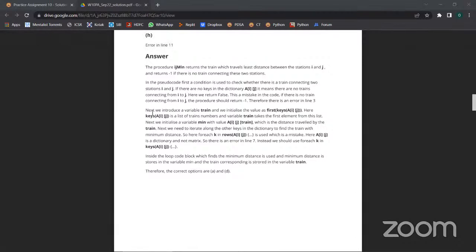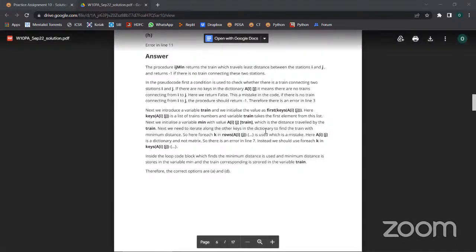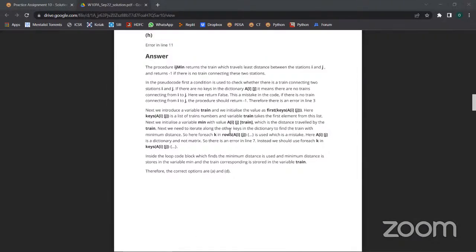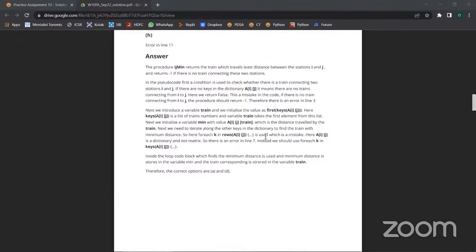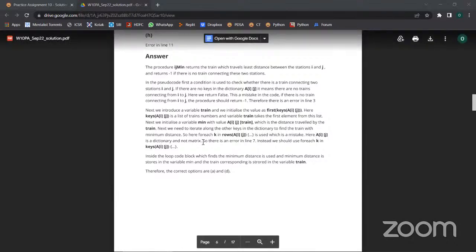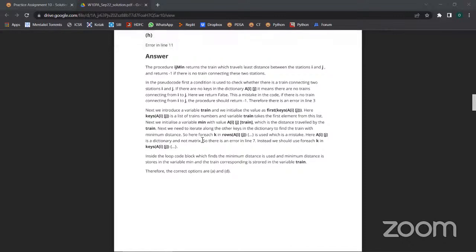Sir, in the next paragraph, we introduce a variable train, and in the last part: here Aij along with other keys of the dictionary is used to find the train with minimum distance. Here, for each key in rows of so and so is used, which is a mistake. Here Aij is a dictionary and not a matrix. He is actually saying not about A. A is a matrix, not Aij, I think.